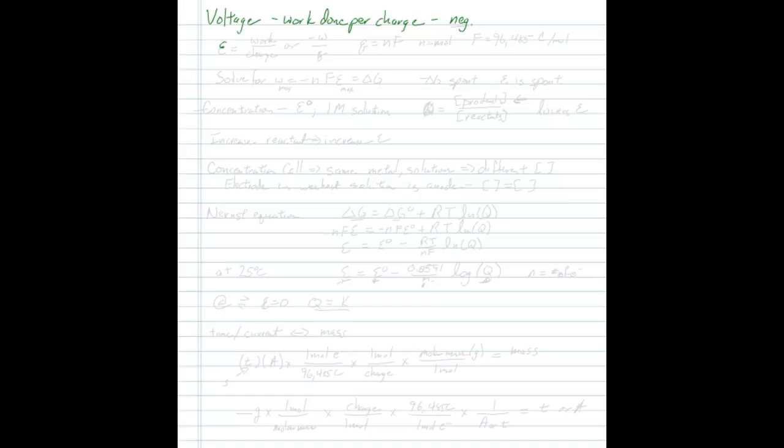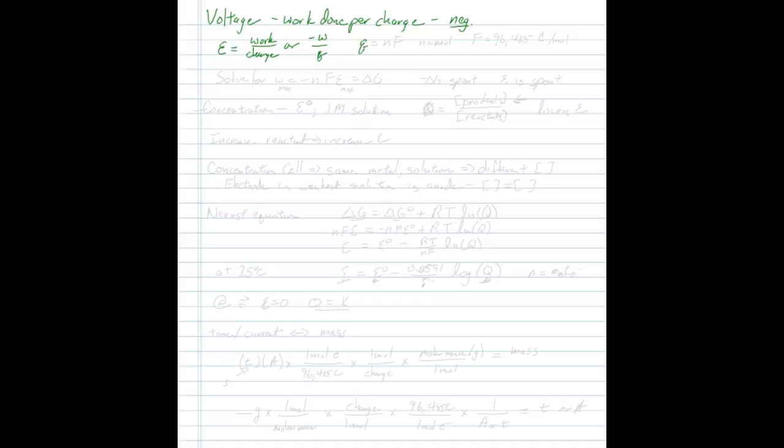Mathematically, voltage, or the EMF, is the work done per charge, or negative work, because you're going to get work out of it, over Q, which is the symbol for charge. And Q in chemistry deals with a mole of electrons.